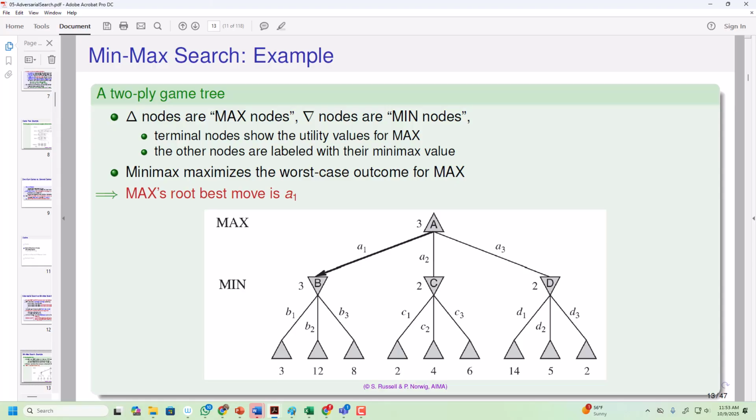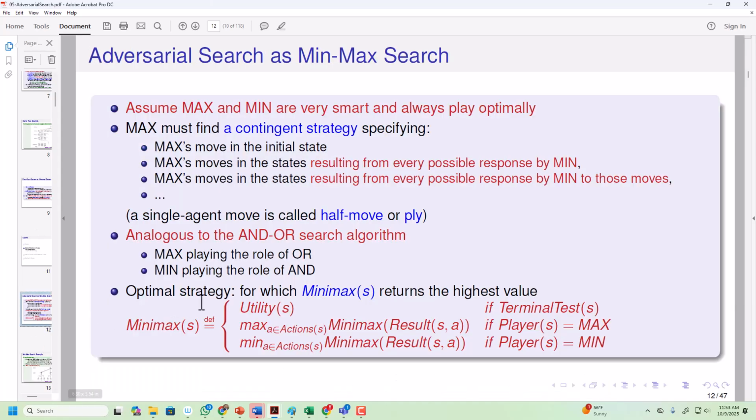Now, how do we decide what Max should do? This is where the Minimax principle comes in. Let's go back to where we are talking about the optimal strategy. The Minimax value of a node is the utility that Max can guarantee from that state, assuming both sides play perfectly or optimally. If the state is a terminal state, it just returns its utility.